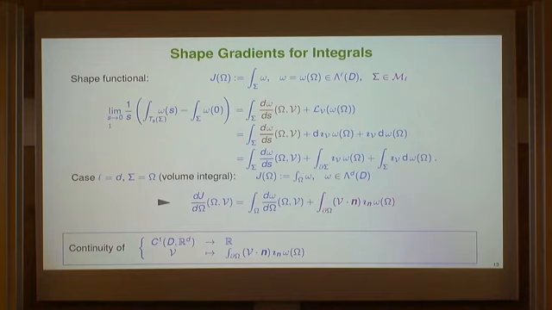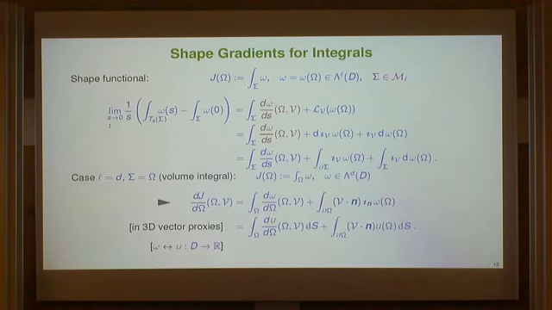So shape differentiation invariably entails stricter smoothness requirements, and this can be observed throughout. For vector proxies, the vector proxy of a D form is just a function, and we get this one. Here you see, if u is an L1 function, then the integral is defined, but this need not be defined.